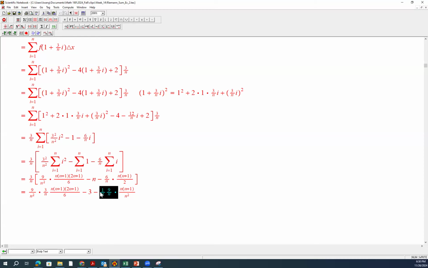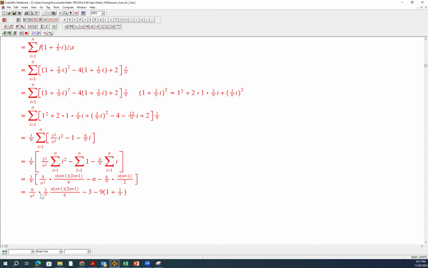So all of these just have a 9. And on this piece, I'm going to write it as n times n. So one of the n reduces with that n. You probably already know this drill. So this whole piece equals 1 plus 1 over n.